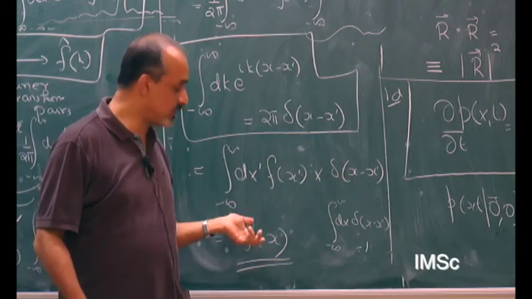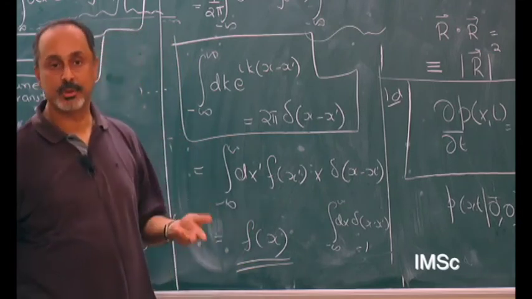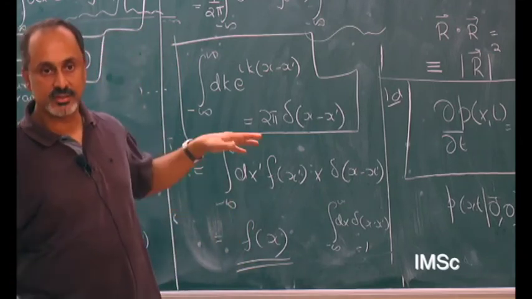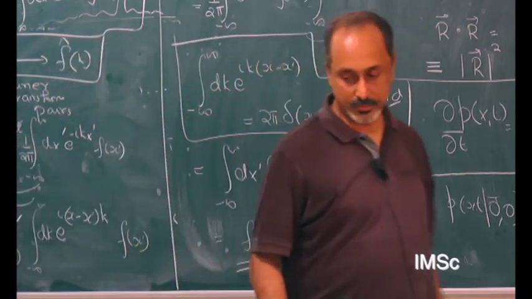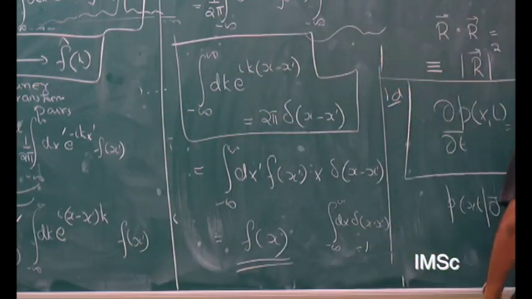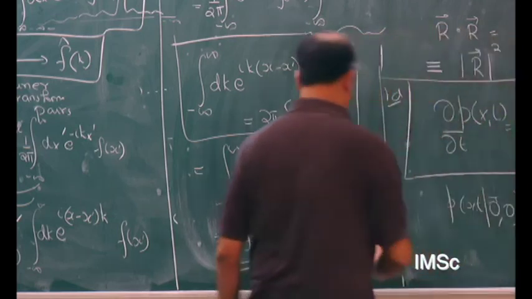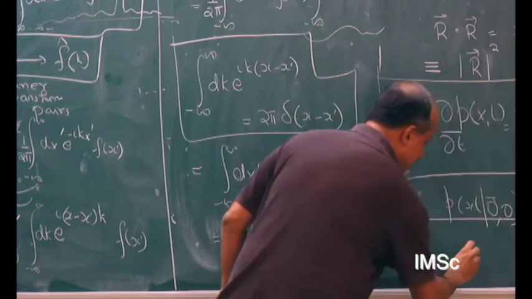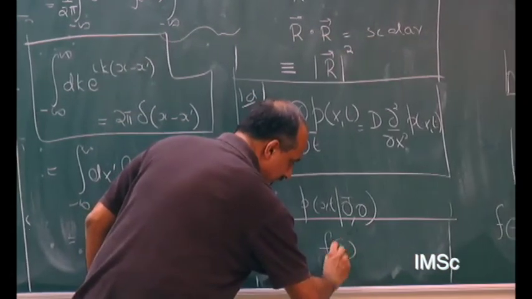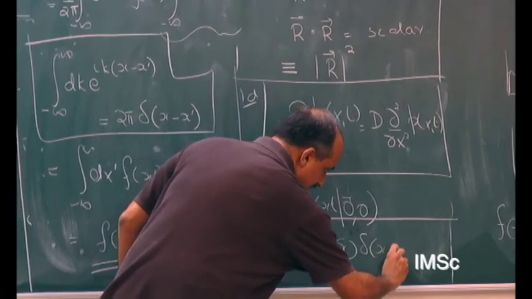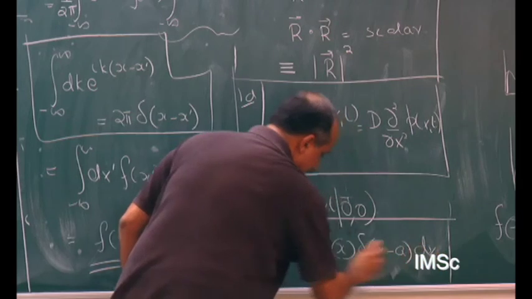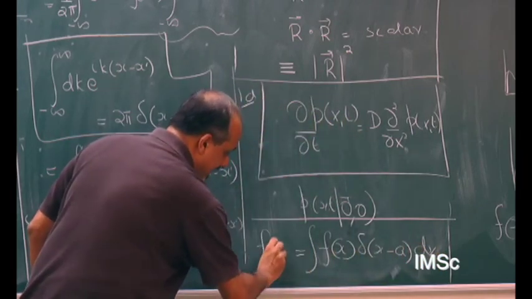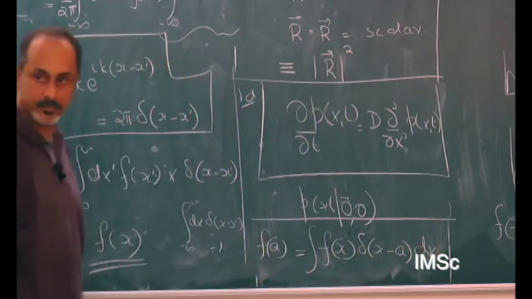This is called the sifting property of the delta function: whatever the function is, it extracts one particular point from it. To give you an example, if I had a function f of x, multiplied it by the delta function of x minus a, and integrated over all x, what I would have here is f at that particular point a.